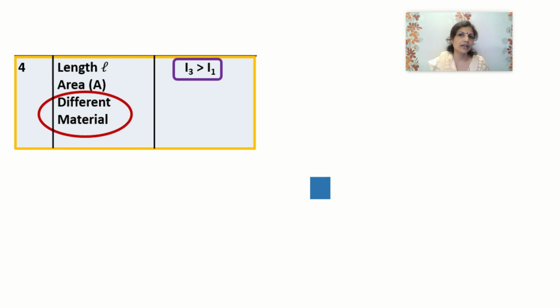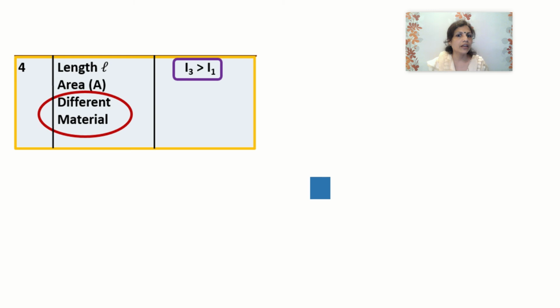Let's now understand the fourth case. In the fourth case, we change the material of the conductor. In place of nichrome wire, we connected a copper wire. And we realized that during this time, the current flowing through the circuit was highest.